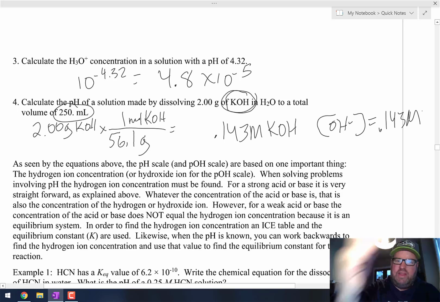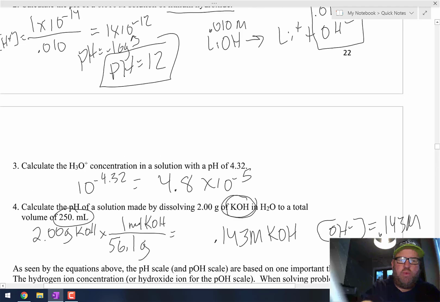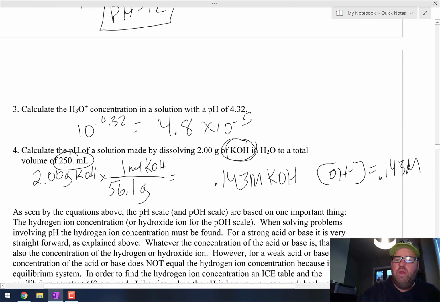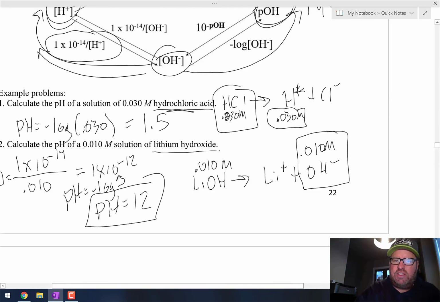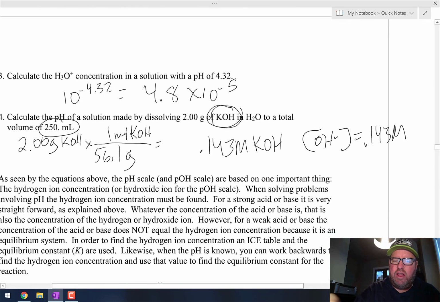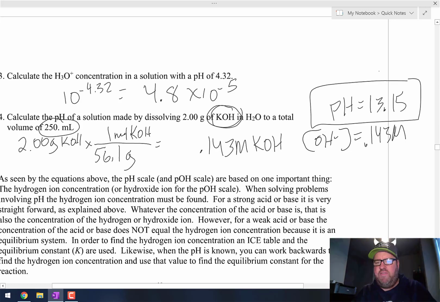Okay, and now we're in the same situation we were back at question number 2. So let's go the other way this time. So I'm going to take the negative log. The negative log of that answer gets me the pOH, which is 0.845. And then I'm going to take 14 minus that answer. And I get a final pH of right around 13.15 as my final one.